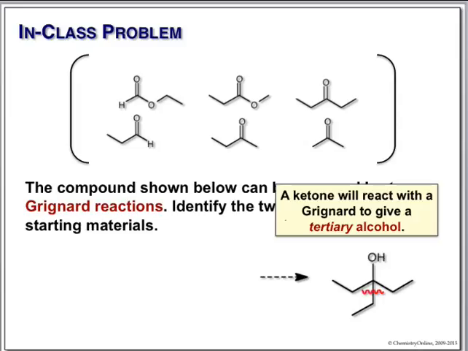Our ketone, so this used to be the carbonyl, simply had ethyl groups on both sides. I think that one works. And our Grignard reagent was simply a 2-carbon chunk, ethyl magnesium bromide.